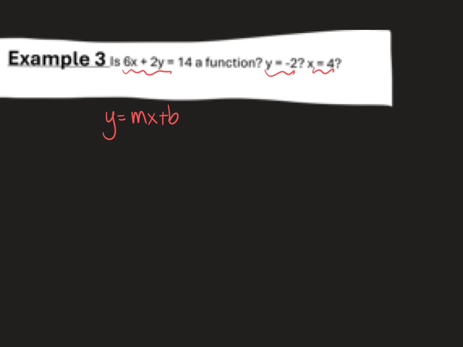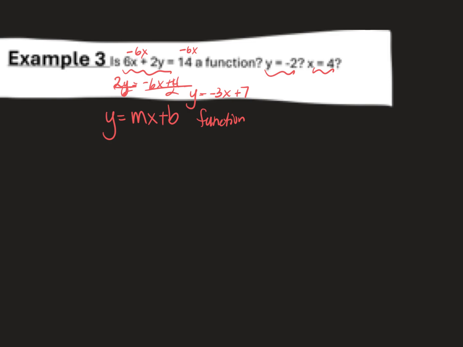So if you look at this first one, 6x plus 2y equals 14, I can subtract 6x. 2y will equal negative 6x plus 14. I can divide by 2. So y will equal negative 3x plus 7. That is an equation of a line. It has negative slope, so therefore this is a function.